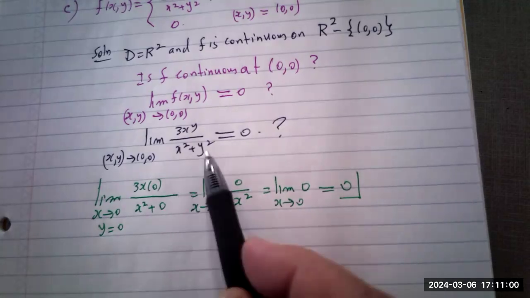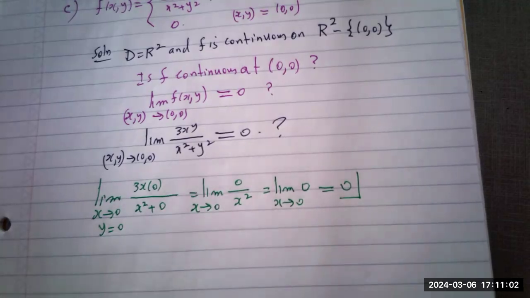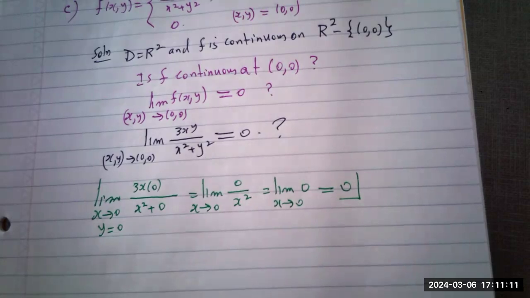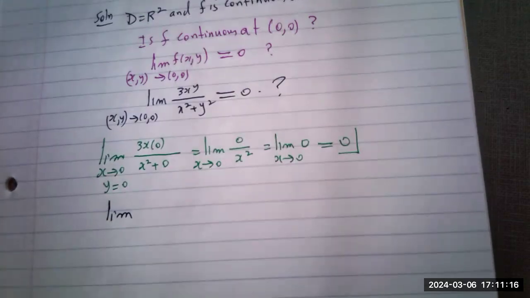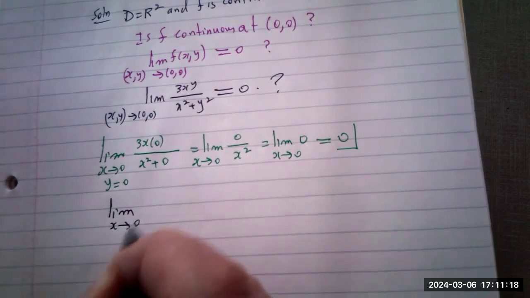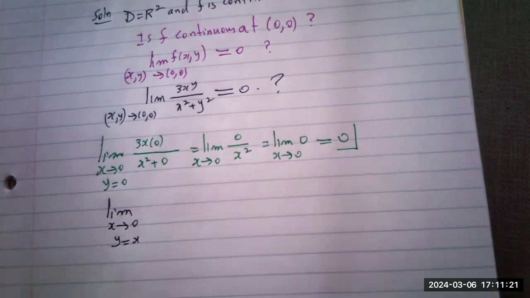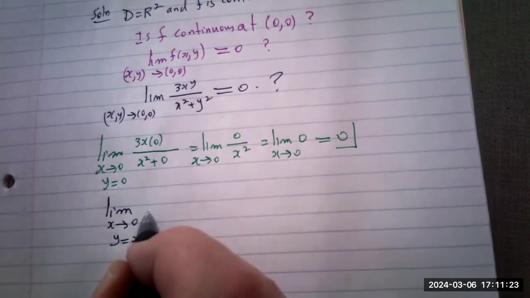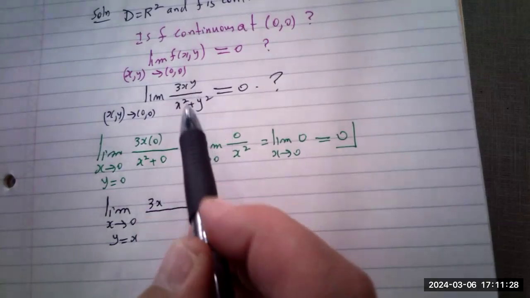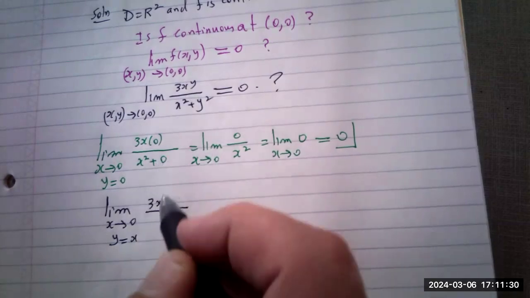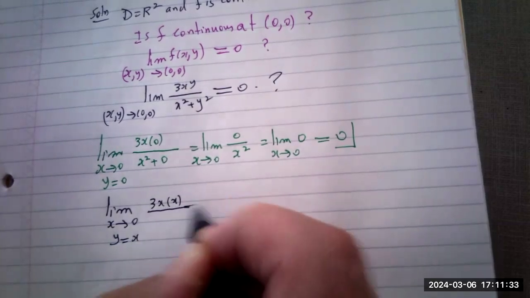Since the powers are the same, the direction would be y equal to x. If the powers are not the same, you may go with y equal to x squared, cubed, to the 4th, to the 5th. So go with the limit as x goes to 0, but let y be equal to x. Substitute. We have 3xy, so we replace y by x: 3x times x.